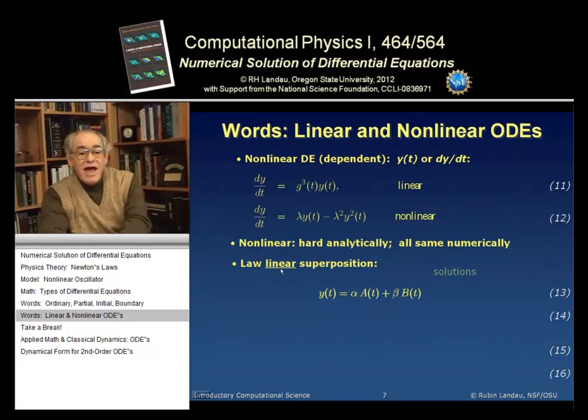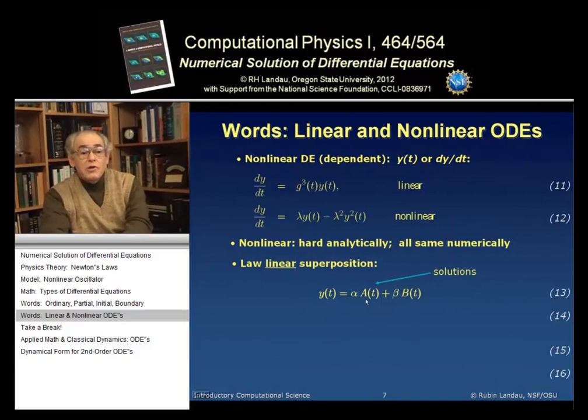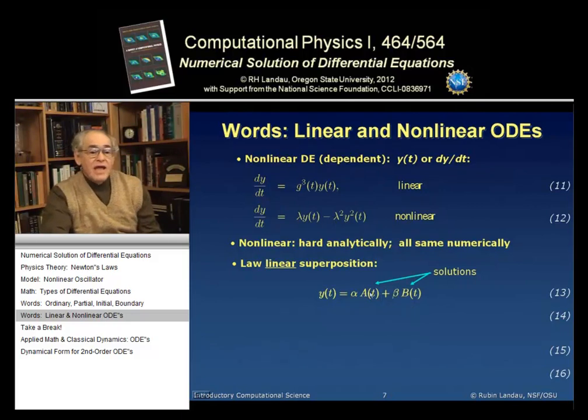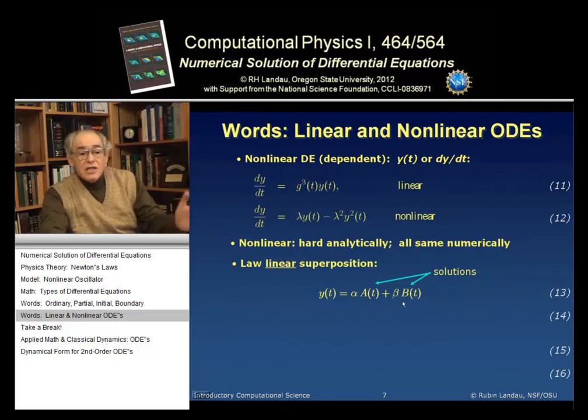And it says that if we have two solutions to a linear system, A of t is one solution, B of t is the other solution, and if we make a linear combination of them, which means we add them together maybe with some constant in front, but we don't square them or cube them, then we have another linear combination, and that other linear combination is also a solution.